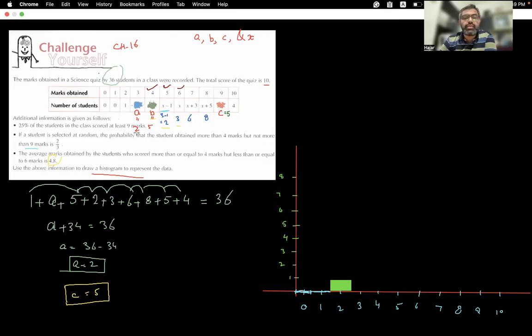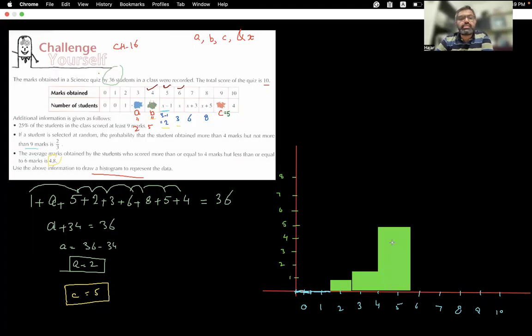3 students have got 3 marks. So I should draw a bar with double height, height 2. And then for 4 marks, we have got 5 students. So 5 comes here. Sorry, 4 students.